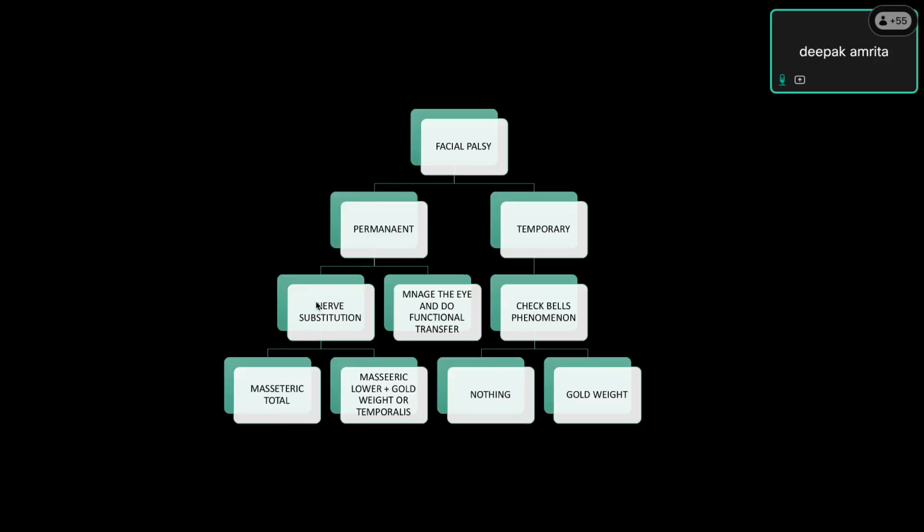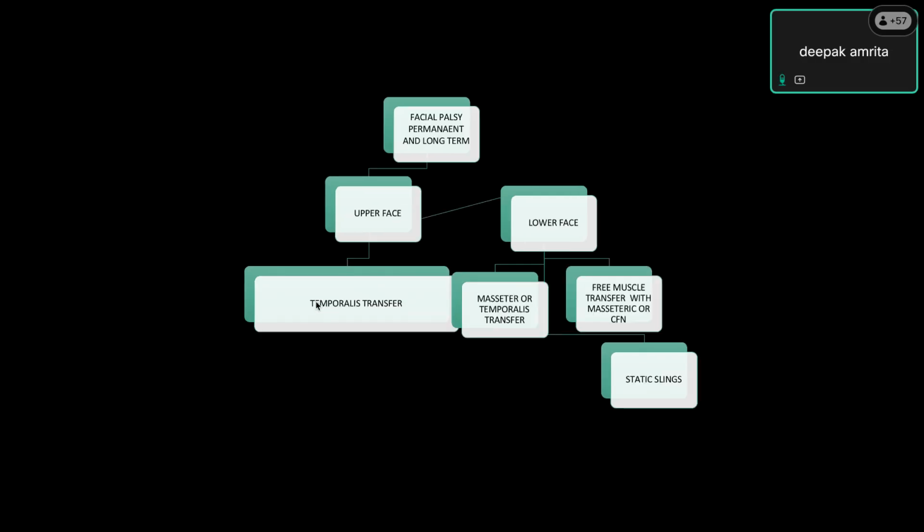So if you have facial palsy which is permanent, then you think of nerve substitution, manage the eye separately, and do a functional nerve transfer. Nerve substitution can be masseteric nerve, and you can combine masseteric nerve with gold weight or temporalis for the eye. If it is temporary, if the Bell's phenomenon is adequate, do nothing or add a gold weight.